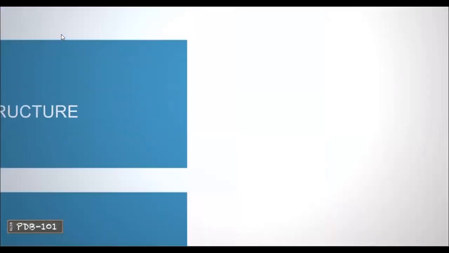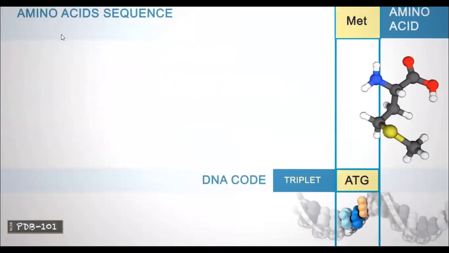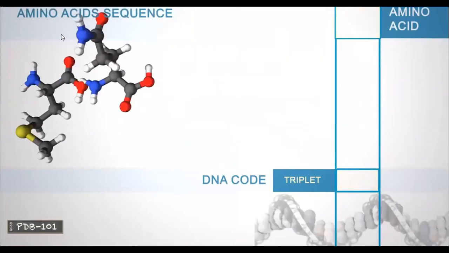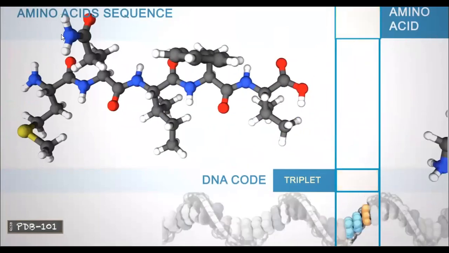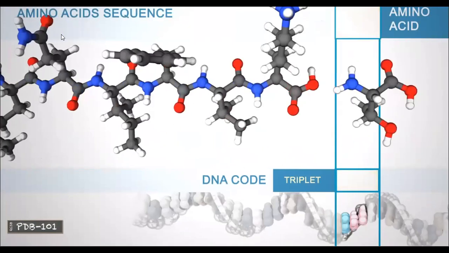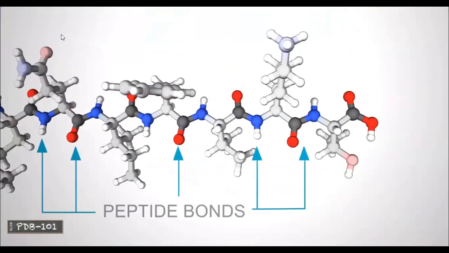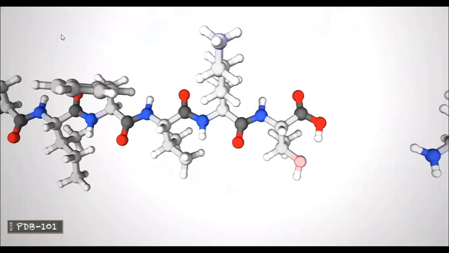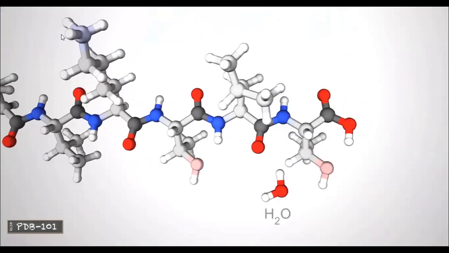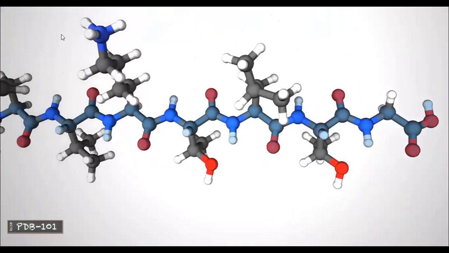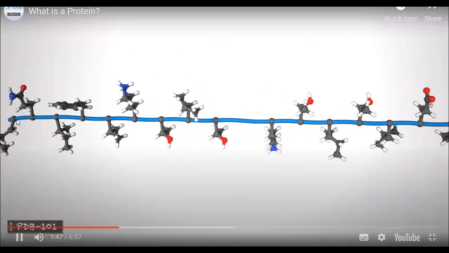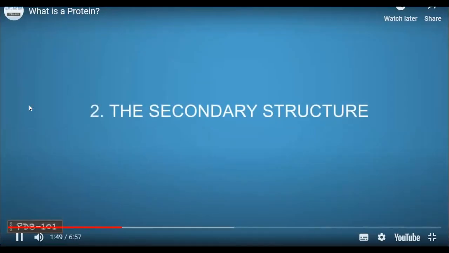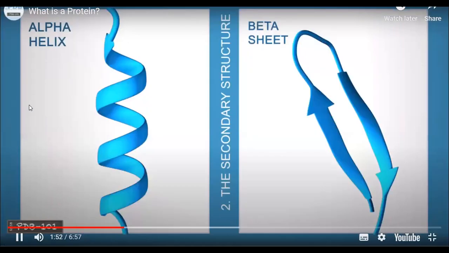Primary structure. The primary structure of a protein is the linear sequence of amino acids as encoded by DNA. The amino acids in a protein are joined by peptide bonds, which link the amino group of one amino acid to the carboxyl group of another. A water molecule is released each time a peptide bond is formed. This linked series of carbon, nitrogen, and oxygen atoms is the protein backbone. Protein chains often fold into two types of secondary structures, alpha helices and beta sheets.